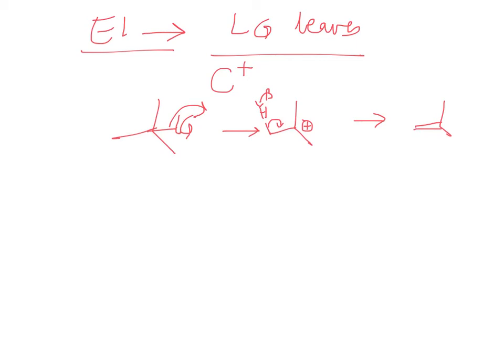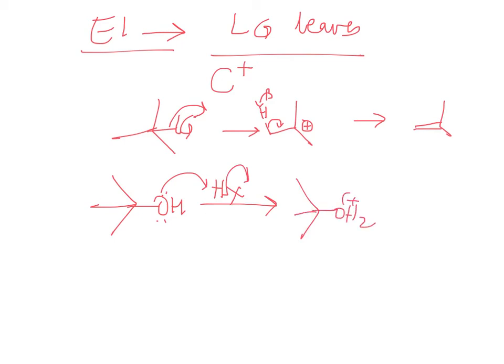Now, in terms of leaving group capability, if you have something like an alcohol, it's a bad leaving group. You have to treat it with an acid so that you generate a good leaving group, and that is then ready to leave.